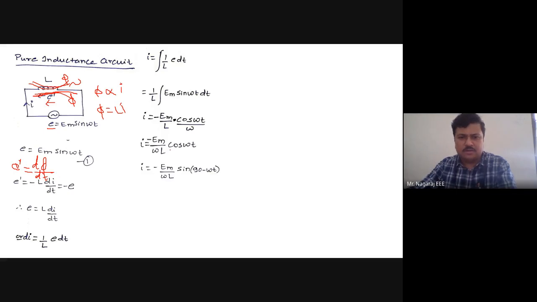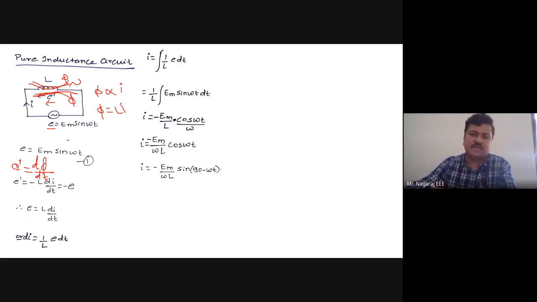Okay. So this cos omega t I will write as sine of 90 minus omega t, since cos theta is sine of 90 minus theta. I have this minus sign here. If I take this minus sign inside the sinusoidal function, it becomes minus Em by omega L times sine of 90 minus omega t.